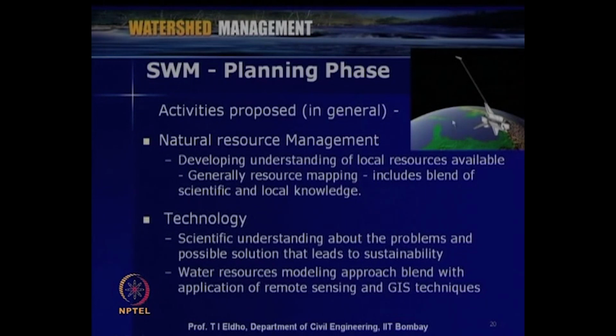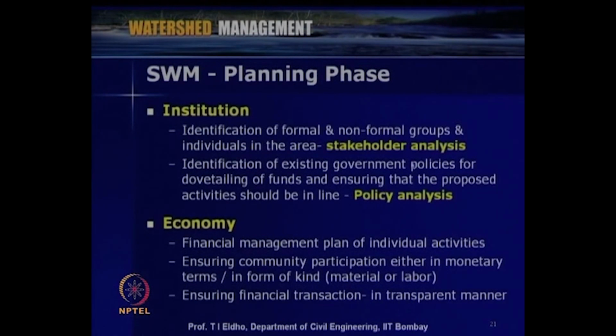Remote sensing can be used for mapping land use, land cover, imaging, etc. And then when we put it into a GIS platform, we can have better development plans as far as the planning phase is concerned.